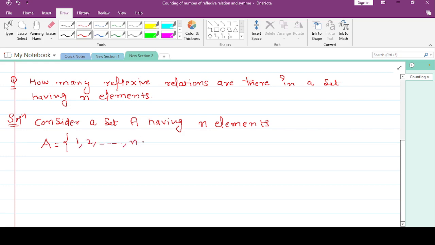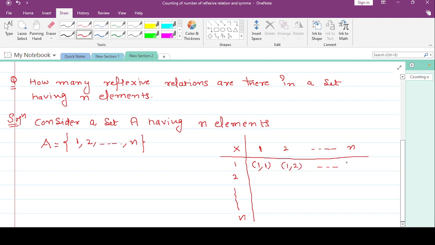Then you see that the elements in A cross A are given by this table: 1, 2, up to n, and 1, 2, up to n. If you take the cross product of these elements, the first row becomes (1,1), (1,2), and so on up to (1,n).